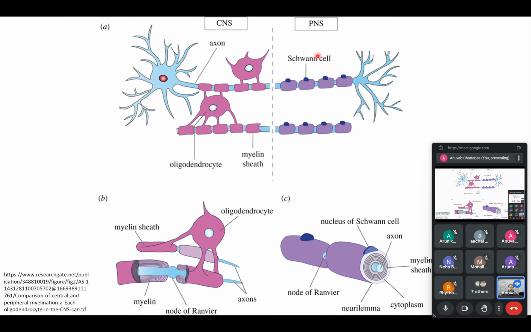Whereas the Schwann cells in the peripheral nervous system are individual cells that sit on one axon of one neuron, and multiple Schwann cells are required to cover the entire axon. Here is a better magnified view. You can see the nucleus of the Schwann cell and the Schwann cell covering only one axon, and you need multiple of these. Whereas oligodendrocytes are bigger cells, present away from the neuron, but have cytoplasmic extensions that cover the axons of multiple neurons.